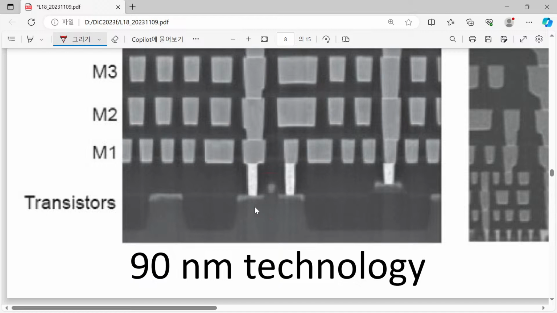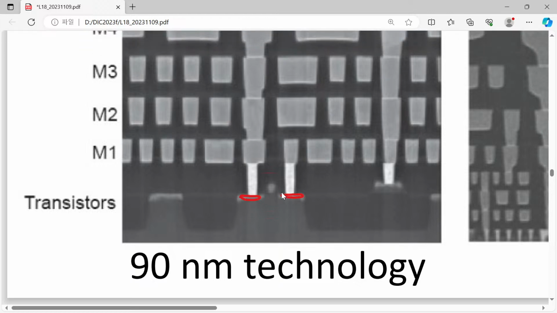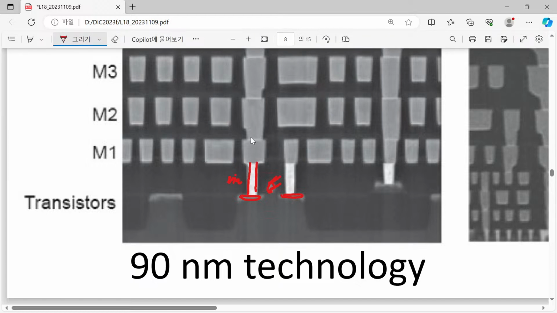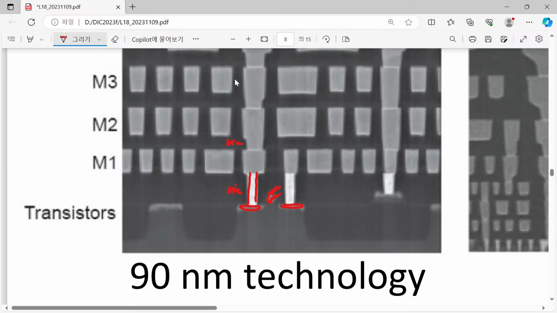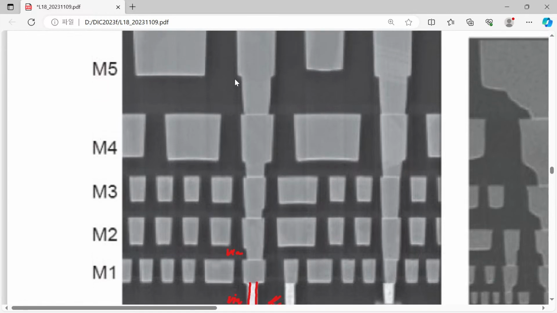Okay, so you know that this is a source and drain, and source and drain, and here you have a gate, and the gate is running of course in this vertical way. And what is this? This is called a via, and this is also a via. So between metal and metal we have many vias.